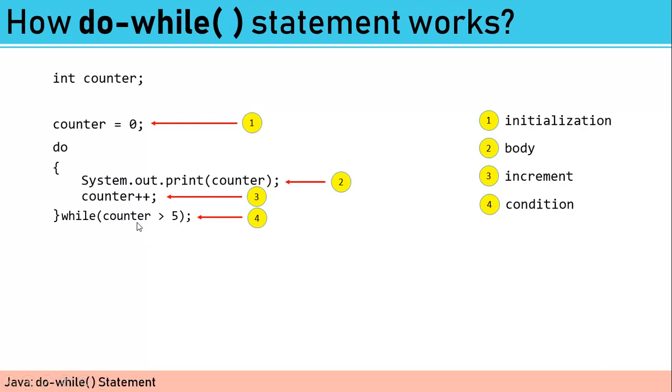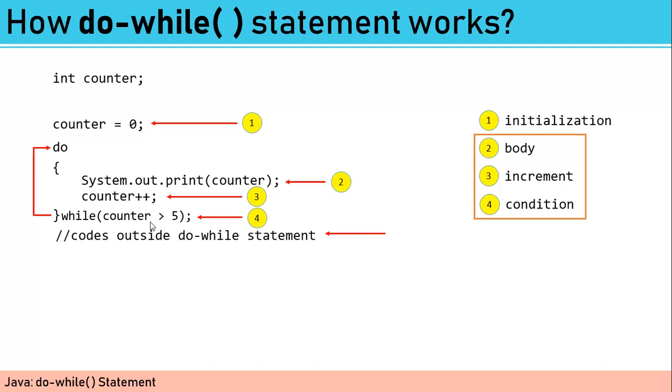So after evaluating this condition, if it's evaluated true, then it will continue to loop inside this part of your code until the expression is evaluated false. So once it's evaluated false, it will automatically go out of the do while scope. So that's how it basically works.